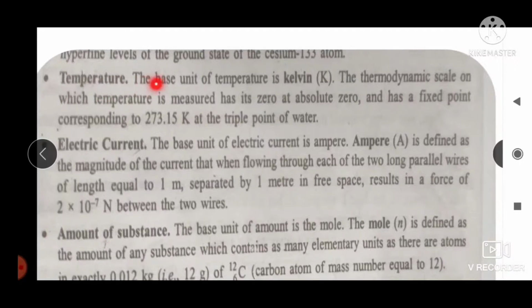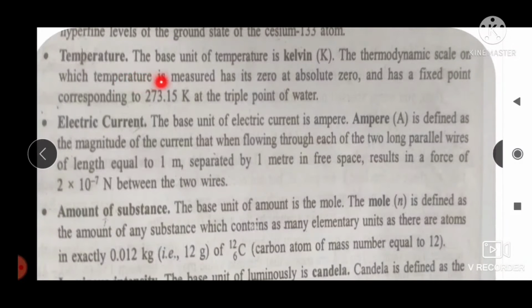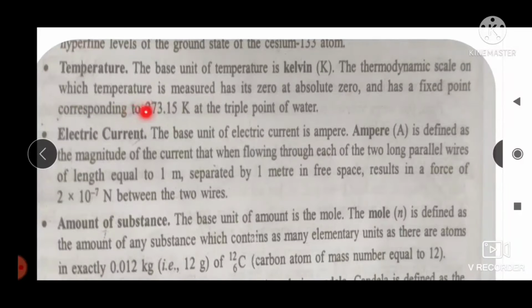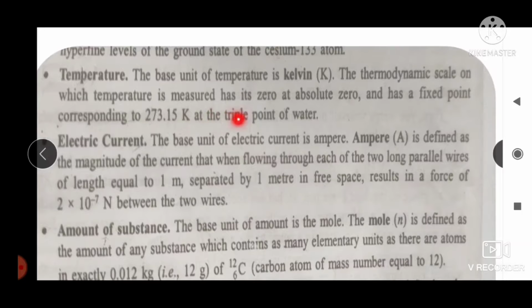Temperature. The base unit of temperature is Kelvin, K. The thermodynamic scale in which temperature is measured has its zero at absolute zero and has a fixed point corresponding to 273.15 Kelvin at the triple point of water.